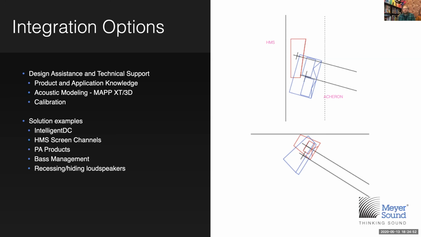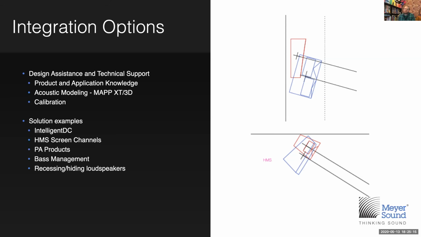Okay, moving on to the lower image. One thing that we've done a lot that many people don't consider is using PA products for surround or any part of a cinema system where you might want a lower profile. In this lower image, I'm comparing an HMS-10 to a UPJ.